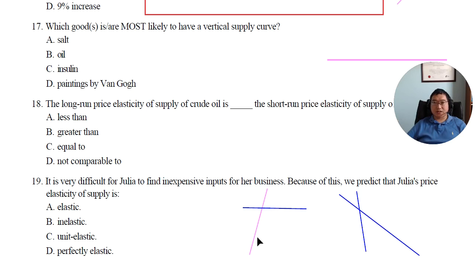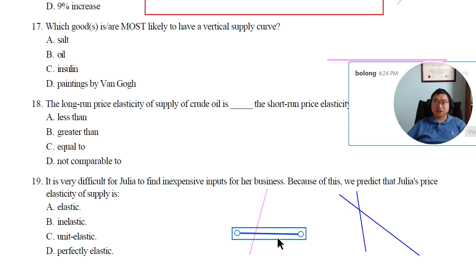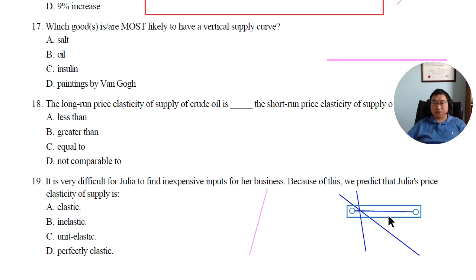The change in quantity supplied won't increase a lot. What I'm saying is that the price change under consideration for demand is a decrease in price, a lower price like this. For supply, it is a higher price like that.